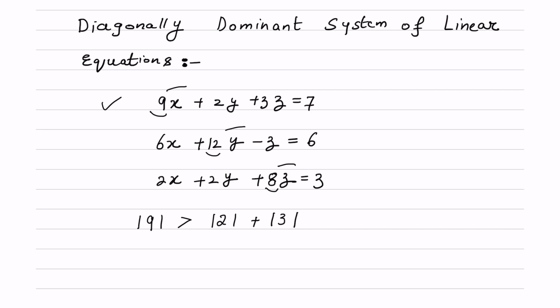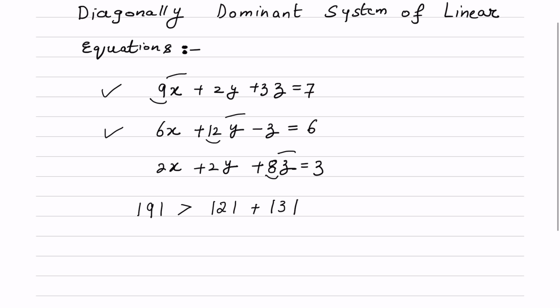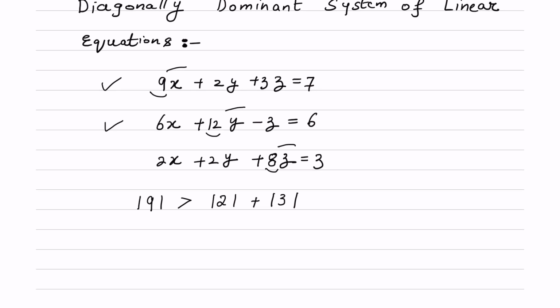Now let's look at the second equation. The diagonal coefficient, which is 12, along with the diagonal variable y, its absolute value should be greater than the absolute sum of the other two coefficients in this equation. The other two coefficients are 6 and minus 1.